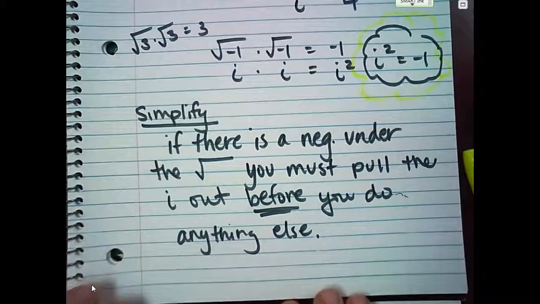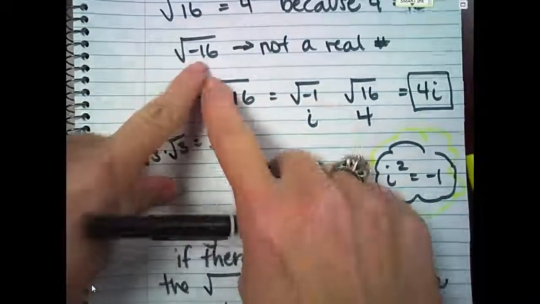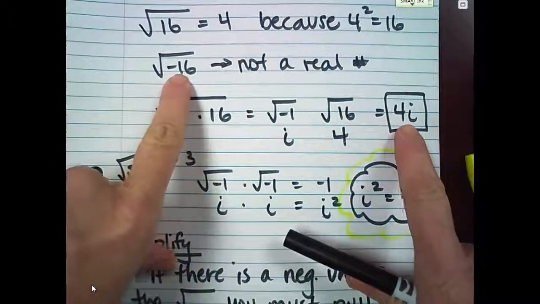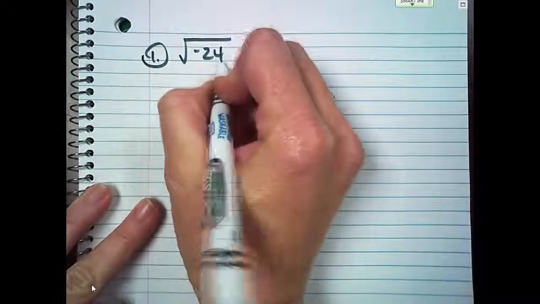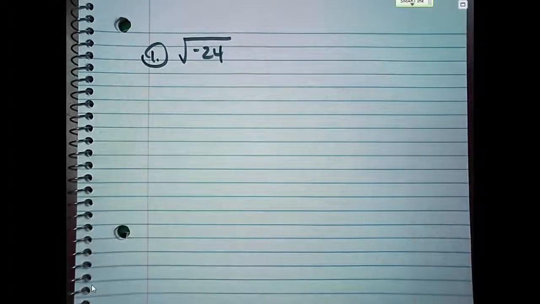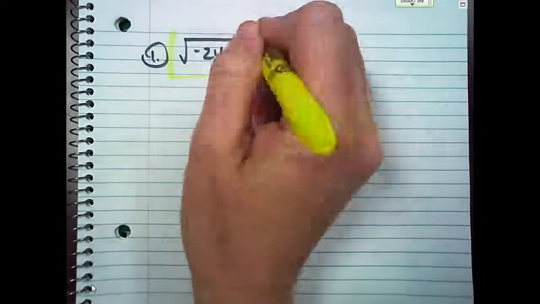Alright, so we already decided that the square root of negative 16 is what value? 4I. Okay, so let's do one a little bit harder. What if I gave you the square root of negative 24? Okay, square root of negative 24.